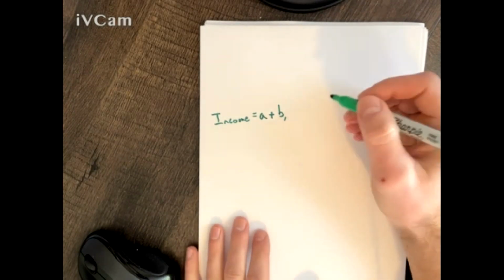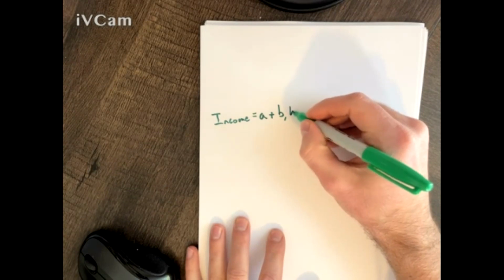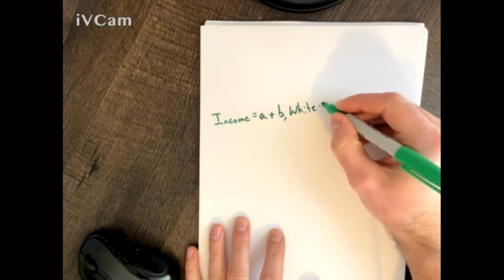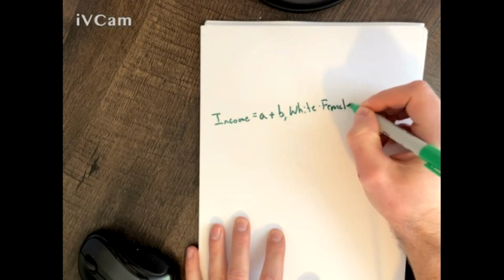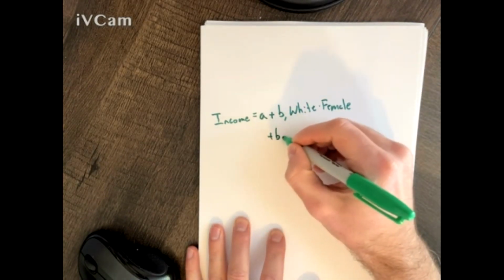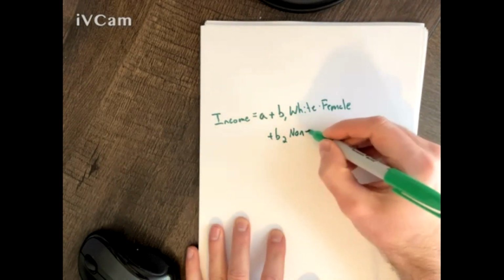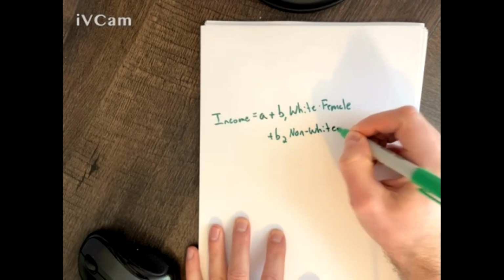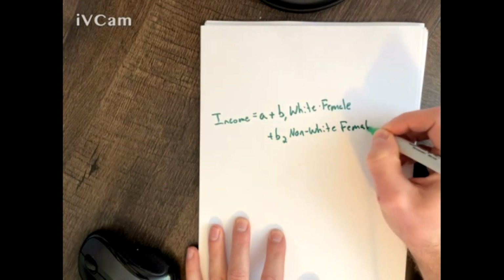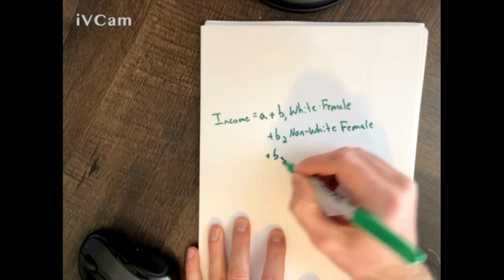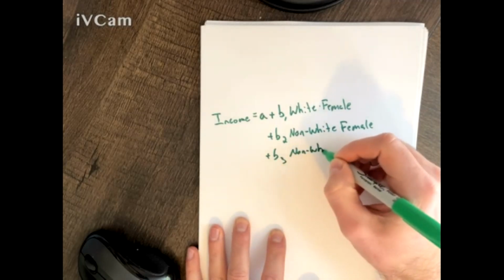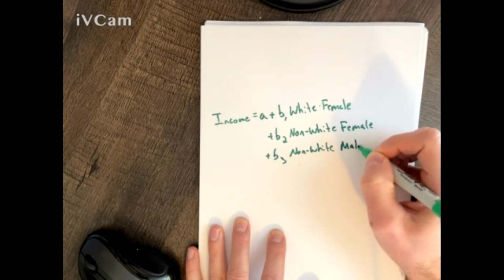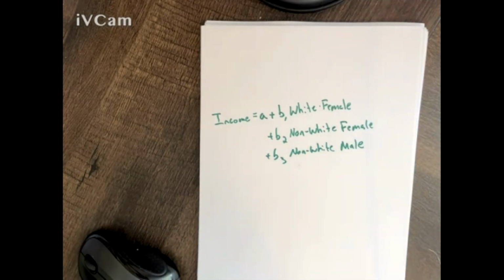For race, instead of doing every single racial category, let's just do white female. We'll also have non-white female, and then we'll have our third, which is non-white male. Now we could break up gender and race into more categories here. I'm just simplifying it to make this an easier one. So the group I left out here is white males.